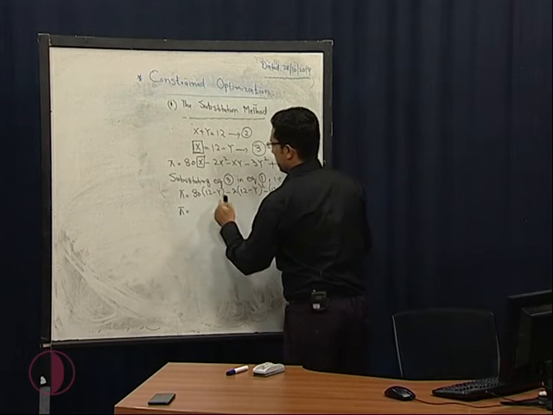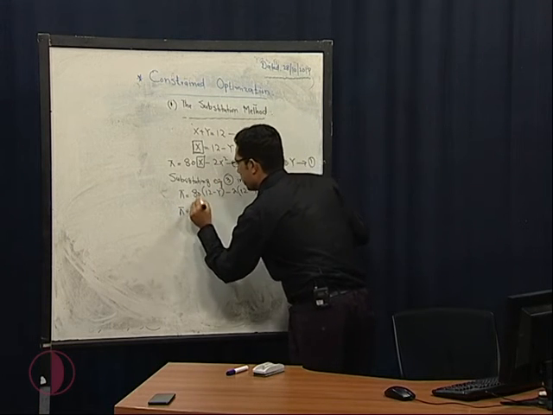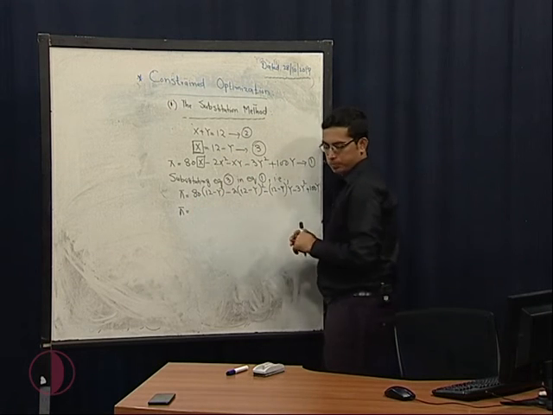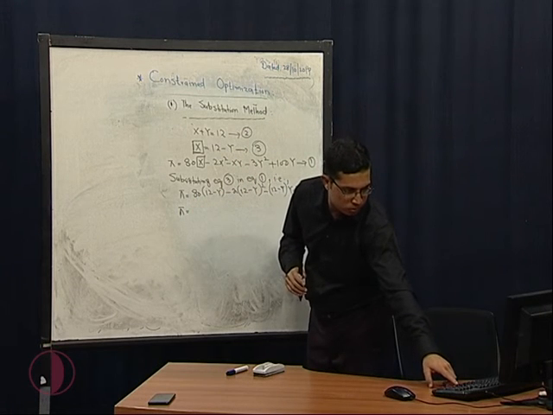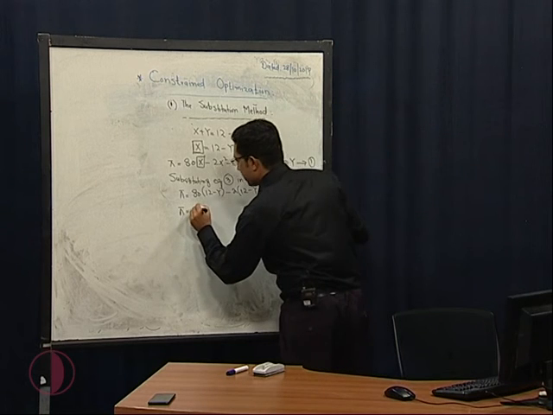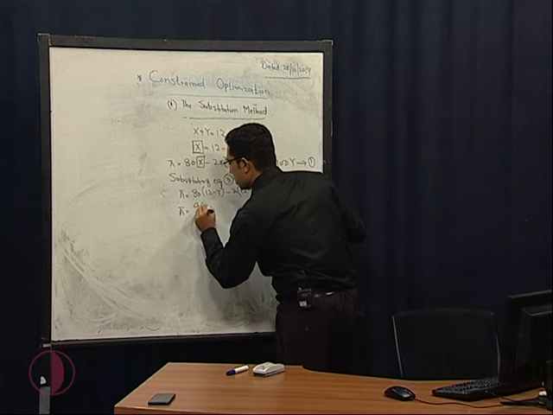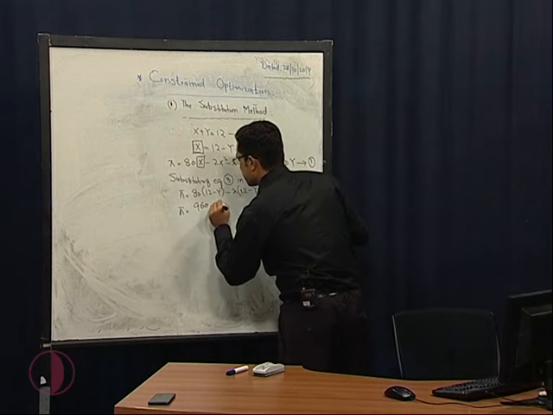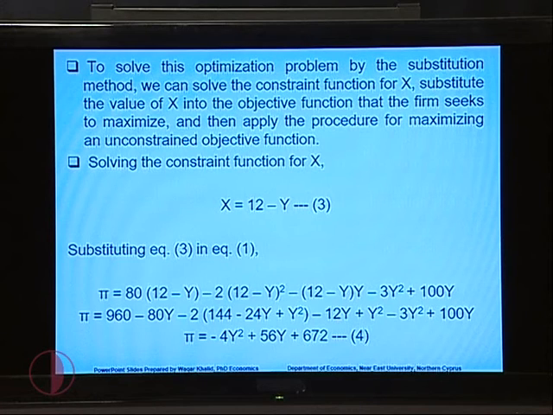Multiply 80 with this expression. So, 80 multiplied by 12, we can get 960 minus 80y, minus 2 times (12 minus y) whole square.